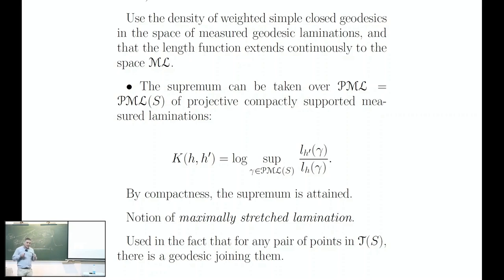I can find a lamination which is maximally stretched, and this is a fact which Thurston uses to show that for any pair of points, there is a geodesic joining them.